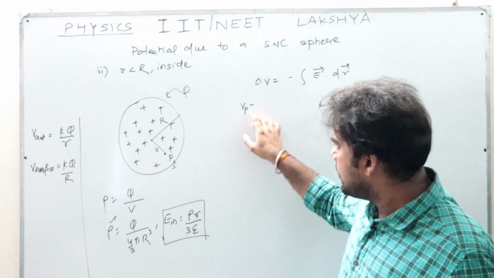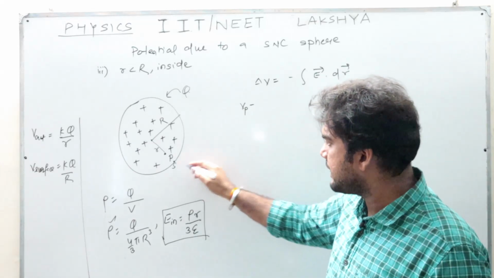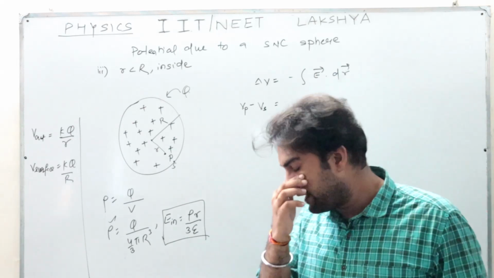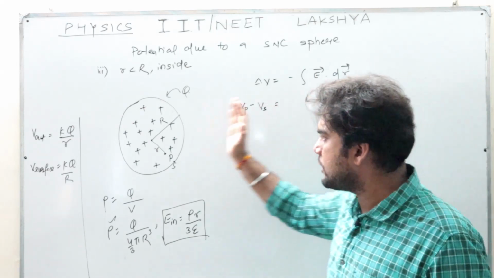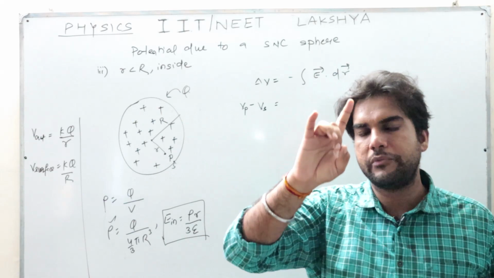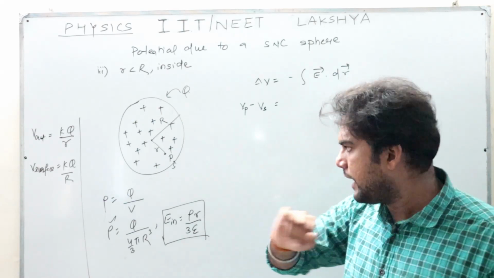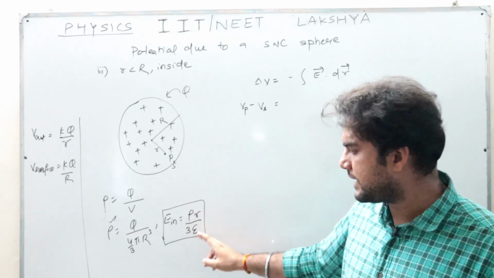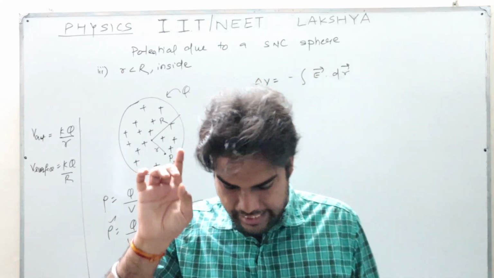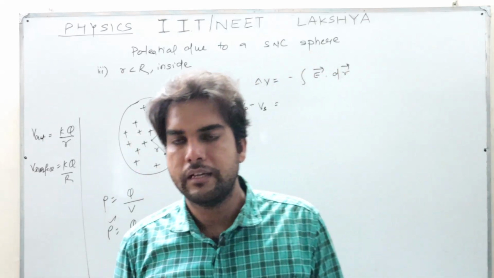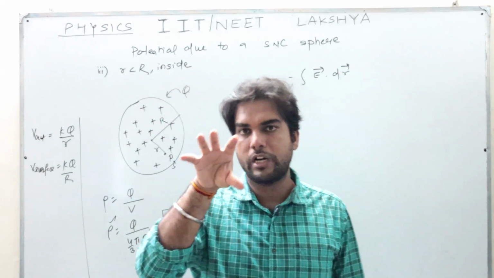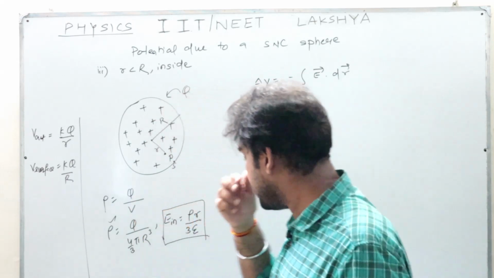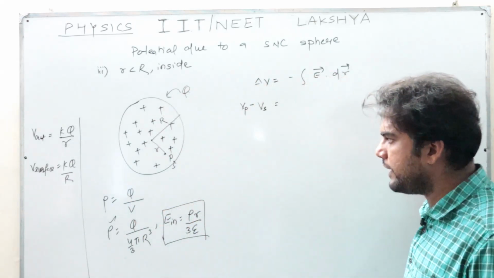So Vp minus Vs, I am selecting the second point as S and not infinity, because from infinity to the surface the electric field is kq by small r squared, and inside the surface it becomes rho r by 3 epsilon. It means the same integrand is not being followed. Since it is not identical, I am not using infinity as the second point.